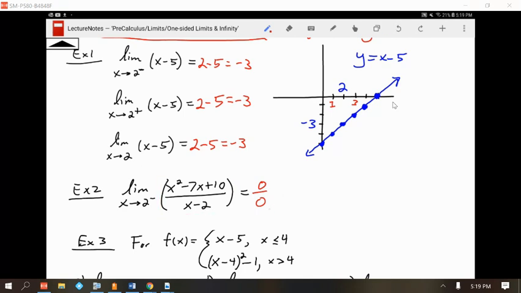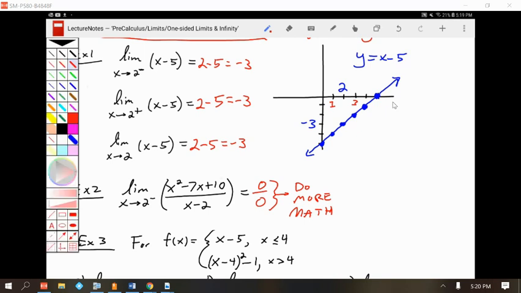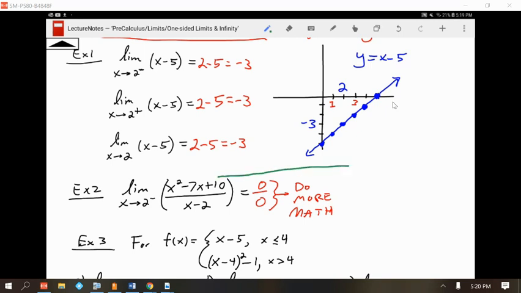Now, what does 0 over 0 mean? 0 over 0 means do more math, right? This means I'm not finished yet. I can take this function and somehow rewrite it as maybe (x minus 2)(x minus 5) on top divided by x minus 2, because what is negative 2 times negative 5?